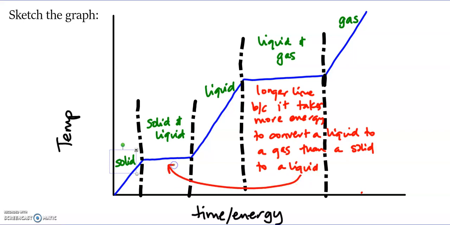The other thing is, where are these temperatures right here? This one that matches that first flat line is your melting point or your freezing point. They're the same thing. It just depends on the direction. Are you adding heat or taking it away? And the upper one is your boiling point.